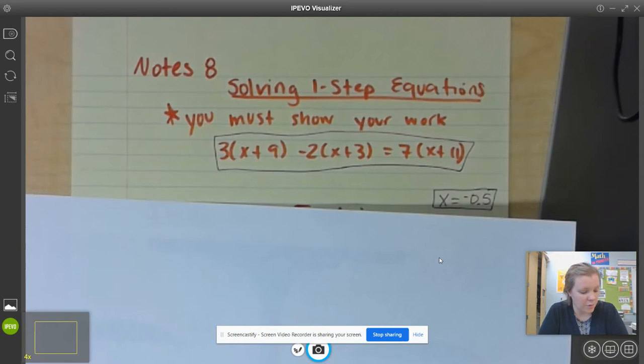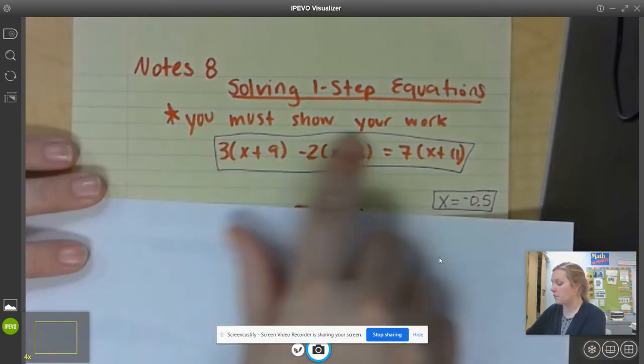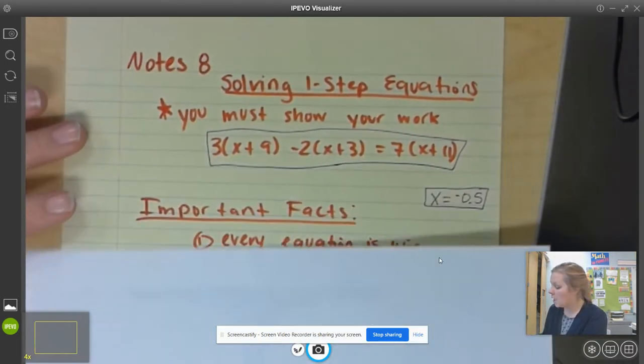I normally don't try to be bossy and mandate that you do something the exact way that I want. I like to give you freedom. I know that there are a ton of ways to solve different math problems, but when we're learning how to show work, I'm going to ask that you try to show it exactly how I'm teaching you today. So that's the most important thing, that we must show our work.